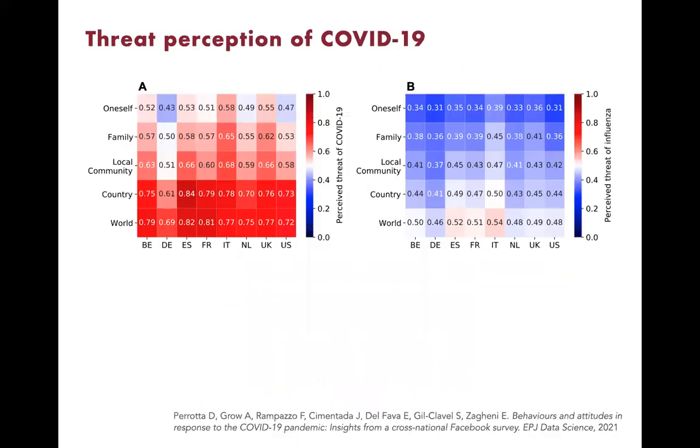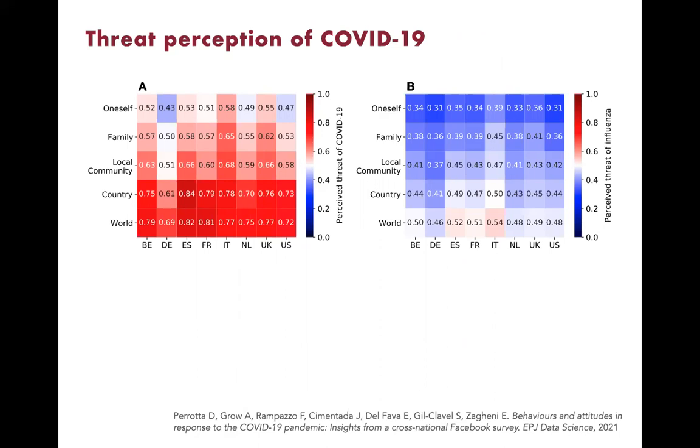Now, another indicator of this differentiated response of the population to COVID-19 is the threat perception, that in our survey we asked to rate on a 5-point Likert scale for different levels of society, from the threat perception to themselves, to their family, to their local community, their country, and to the world.